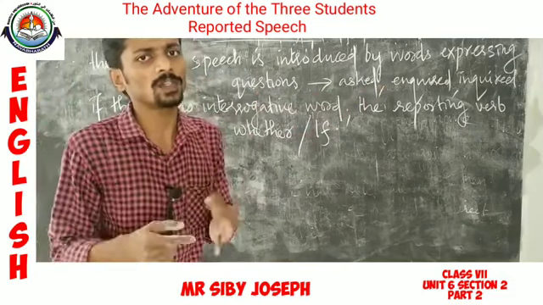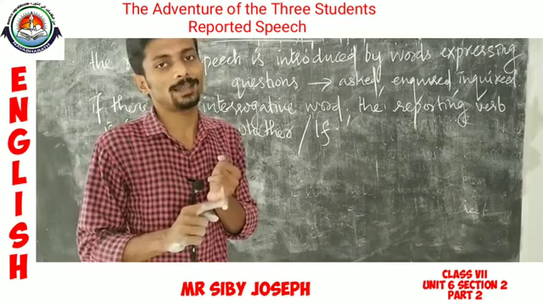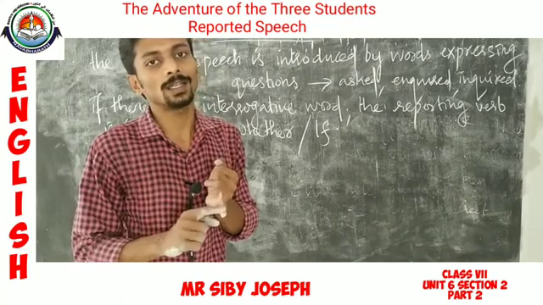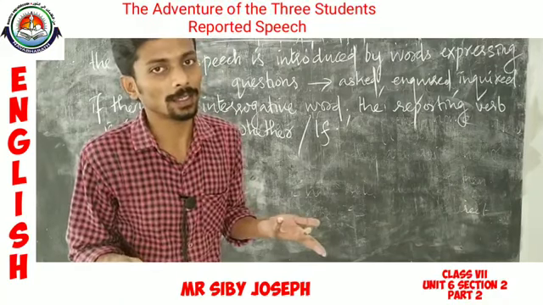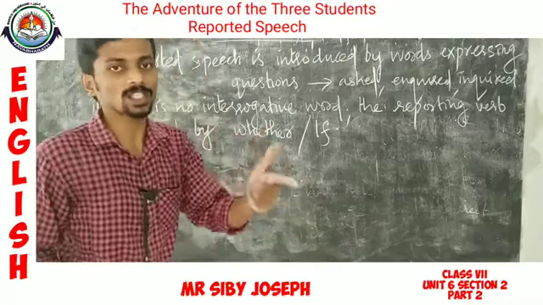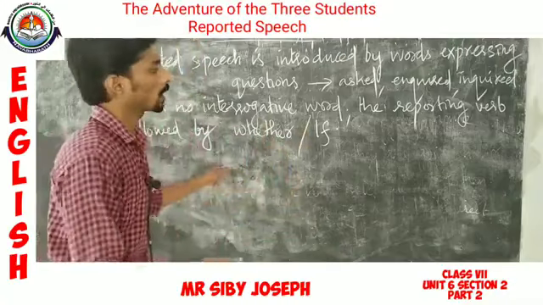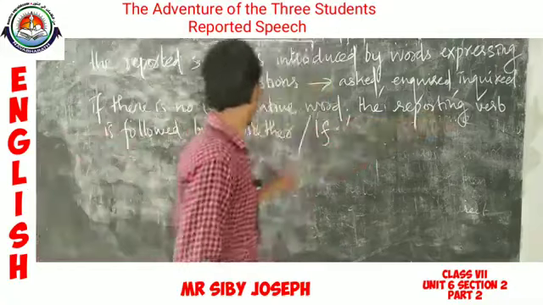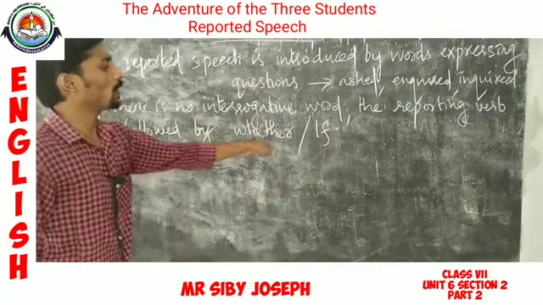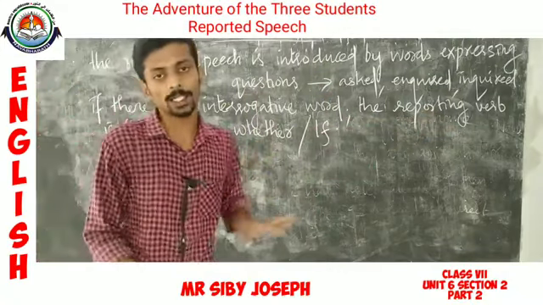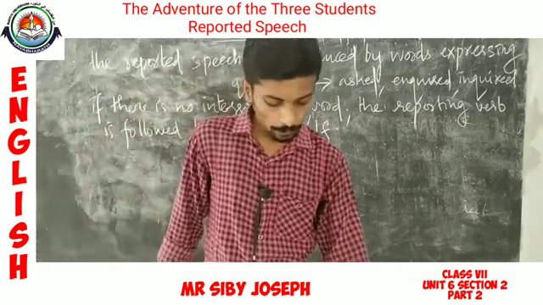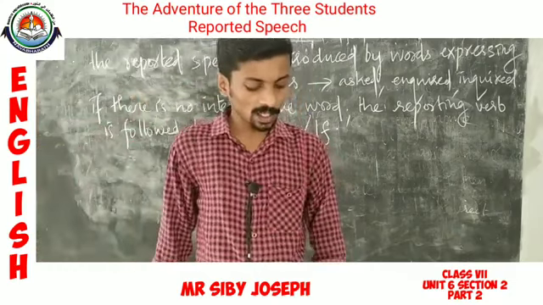Will you come tomorrow is actually a question, but even though it is a question, we can't find an interrogative word there. So, when converting such questions into reported speech, the reporting verb is followed by whether or if. We have to use whether or if. Now, we can look at the example.